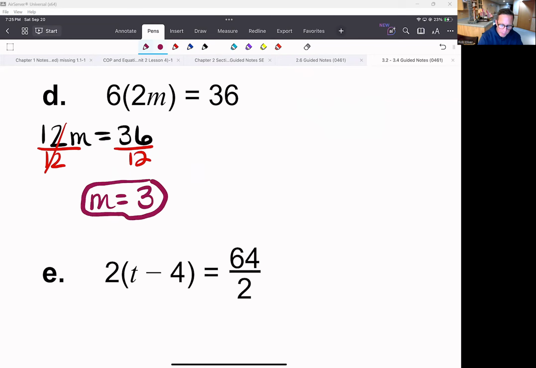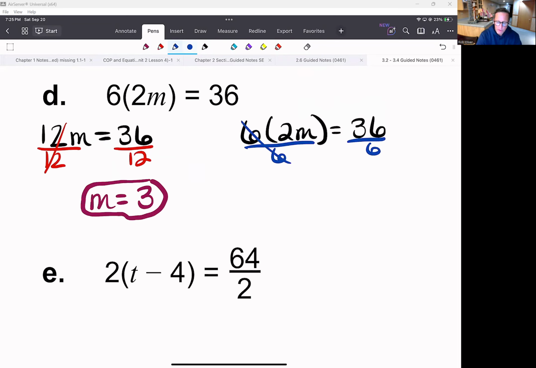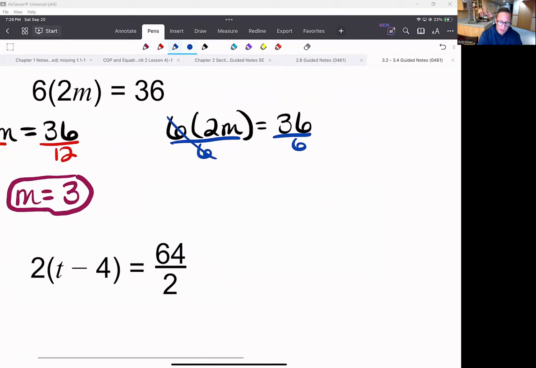All right, another way we could do this, let me just rewrite it. We could just do the multiplicative inverse of 6. We can just divide by 6 right away. That cancels off the 6, or in other words, they turn into 1s. And then now you got 2m equals, and 36 divided by 6 is 6.